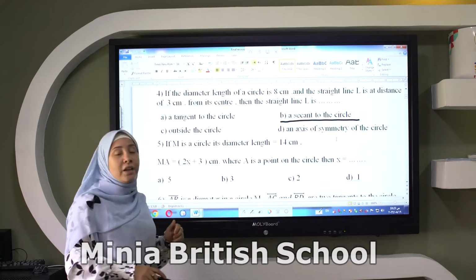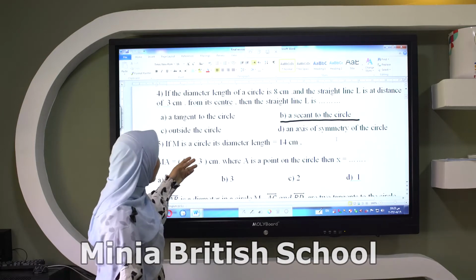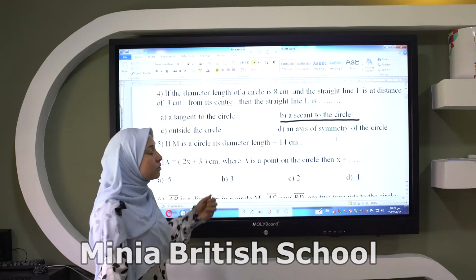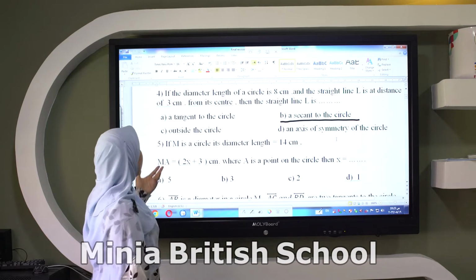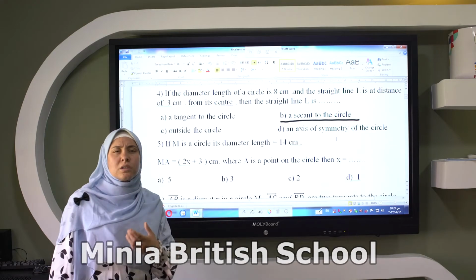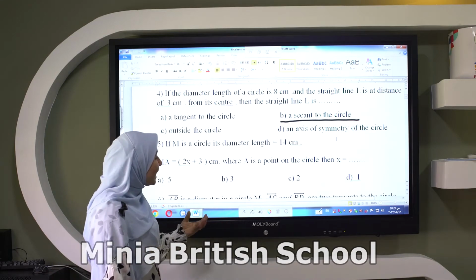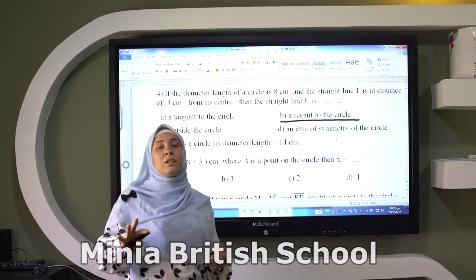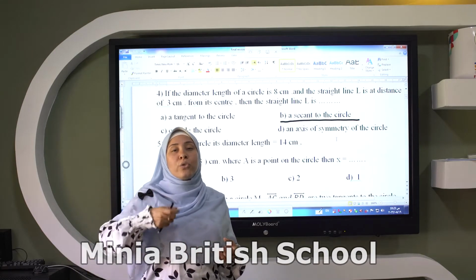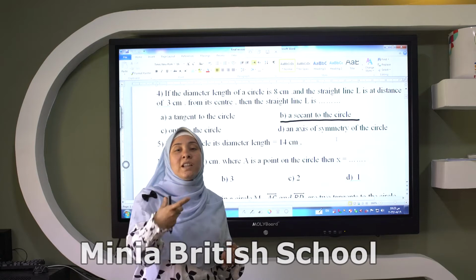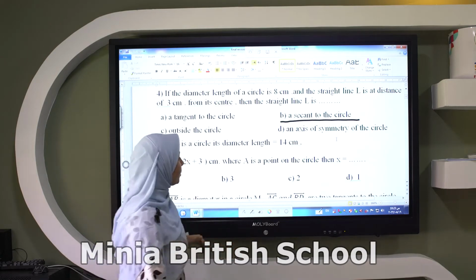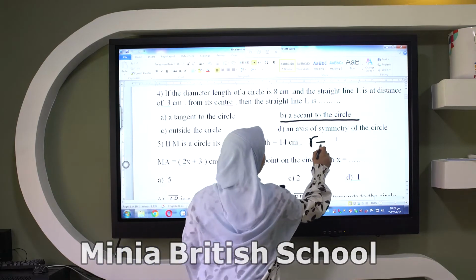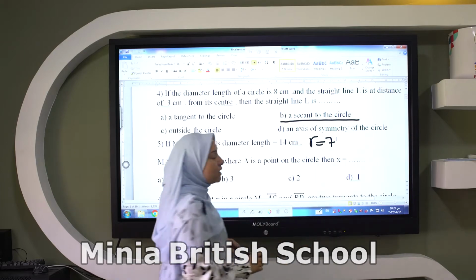Number 5. If M is a circle, its diameter length equals 14. Okay. MA equals 2x plus 3, and A is a point on the circle. On the circle, therefore, MA equals the length of the radius. The diameter equals 14, then the radius equals 7 centimeter.